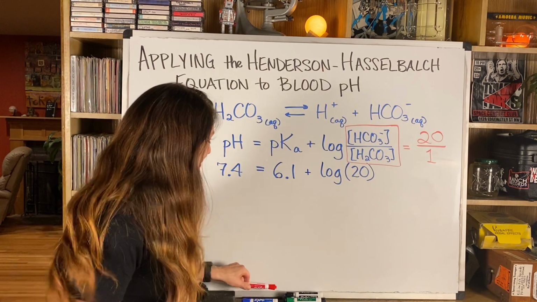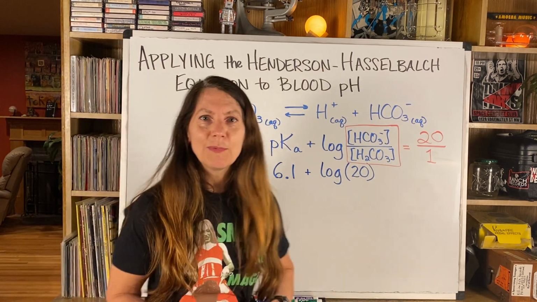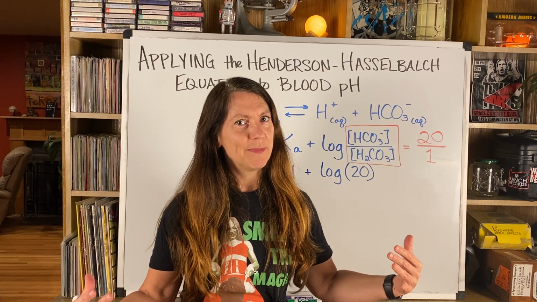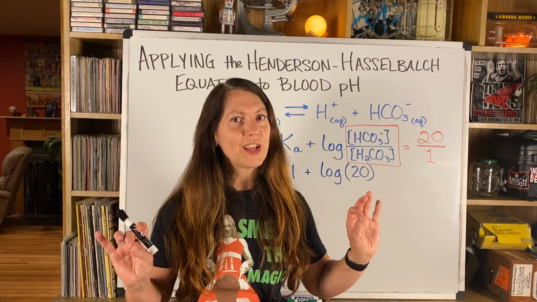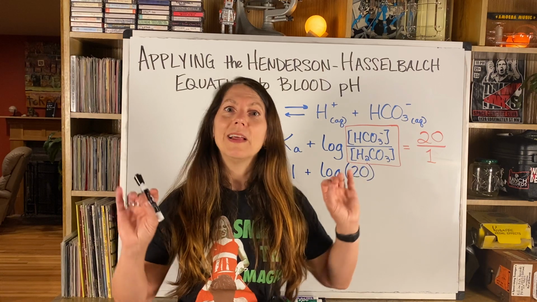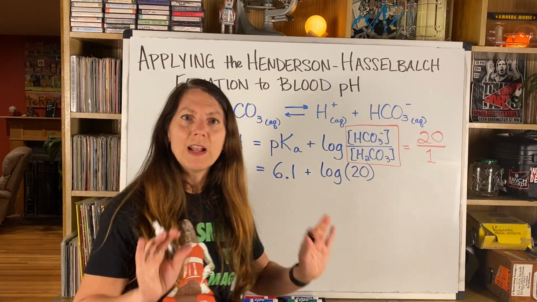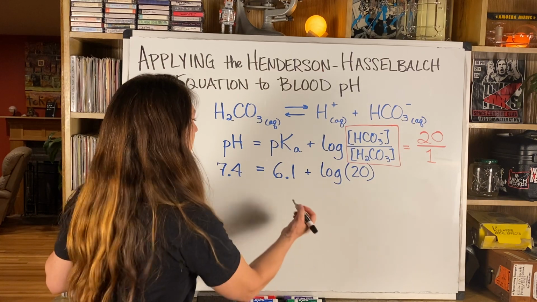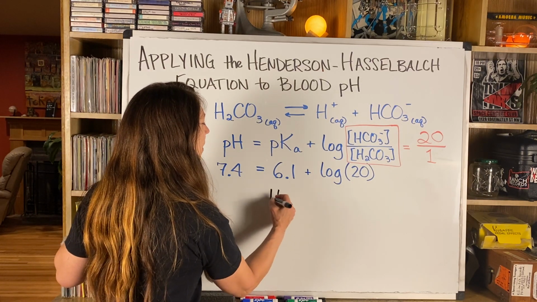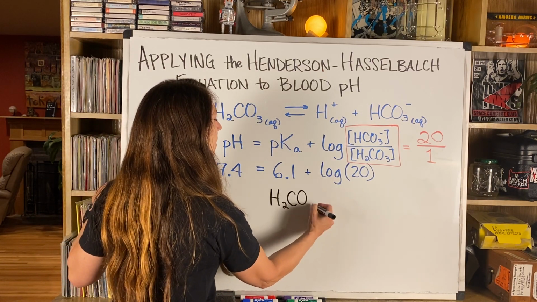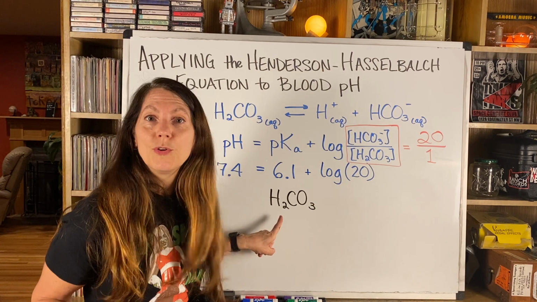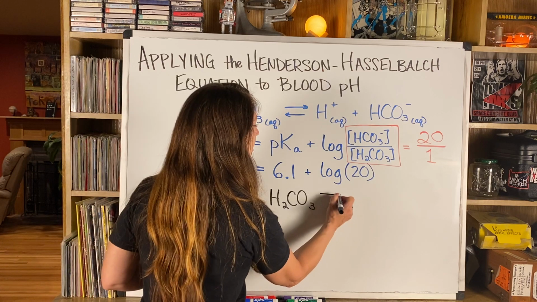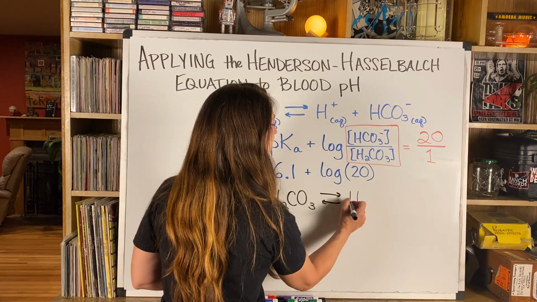All right, so to really understand what's going on, we need to invoke another equilibrium. All right, so let's take a look at carbonic acid and what else it can do. So I'm going to write up another equilibrium. Let's write it down below here. I'm going to put carbonic acid in the middle. Carbonic acid can do a couple things. One of them we already acknowledged. It can lose a hydrogen ion.